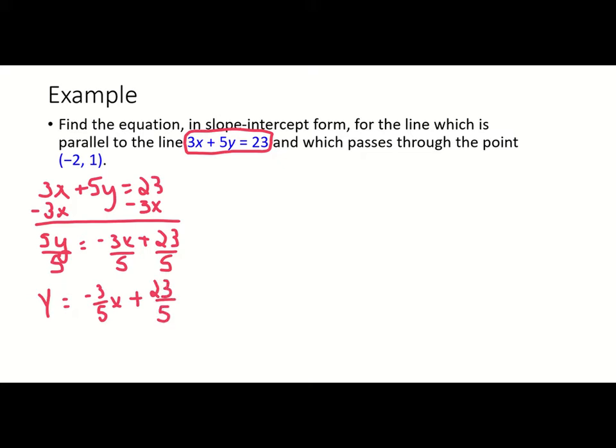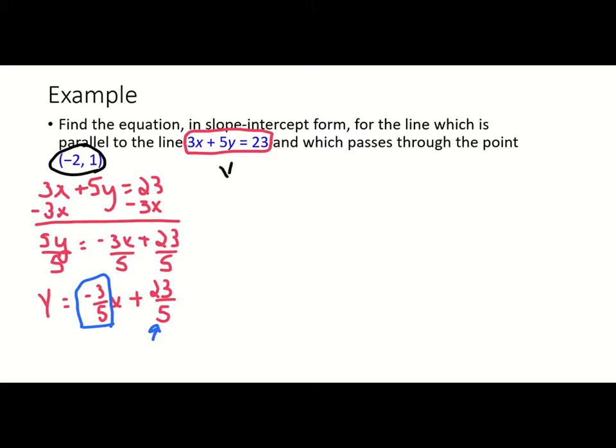Now, all we need from this equation is the slope. Our line is parallel to it, but remember, parallel lines have the same slope, different y-intercepts. So our y-intercept is not 23 over 5.